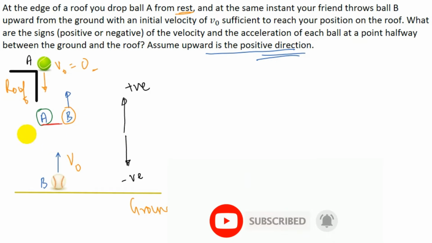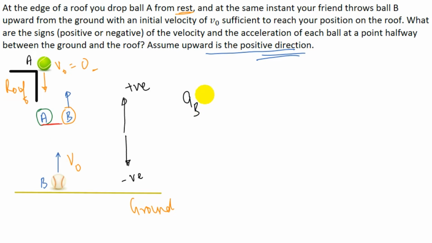Now since both of these two balls are in free fall, acceleration would be in the downward direction always. So for ball B, the acceleration would be in the downward direction, and for ball A also, the acceleration would be in the downward direction.